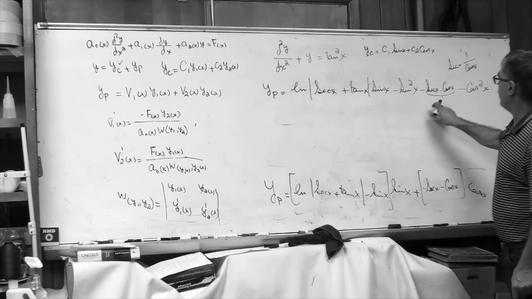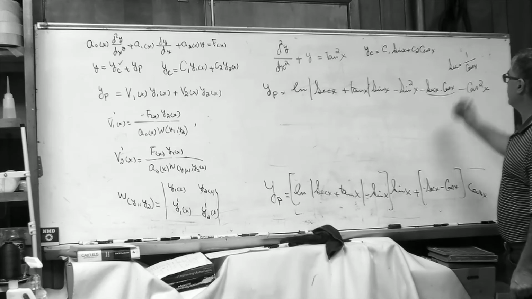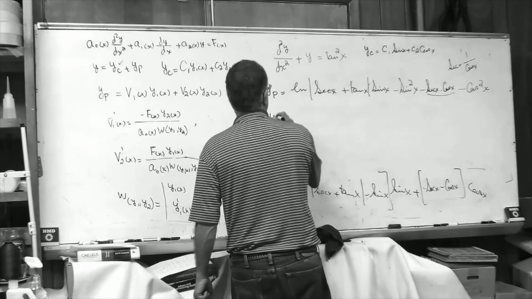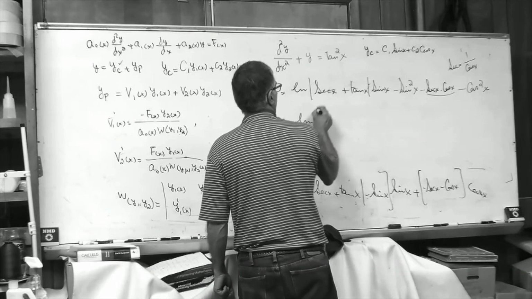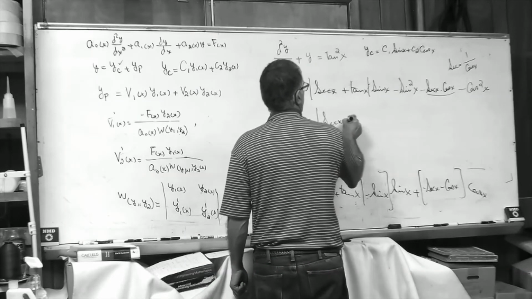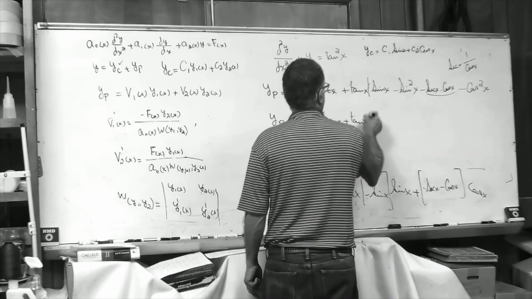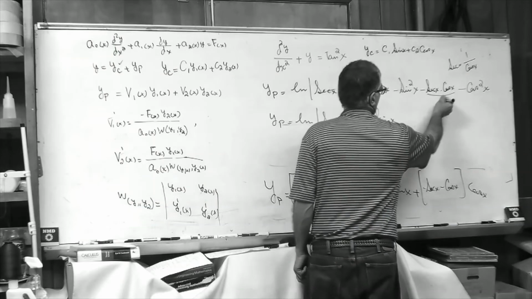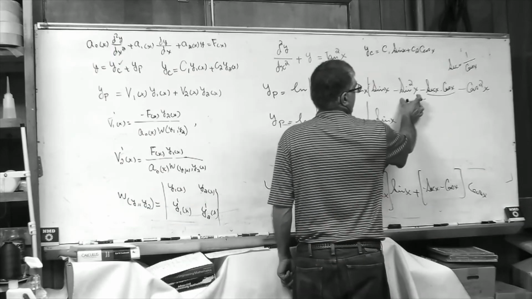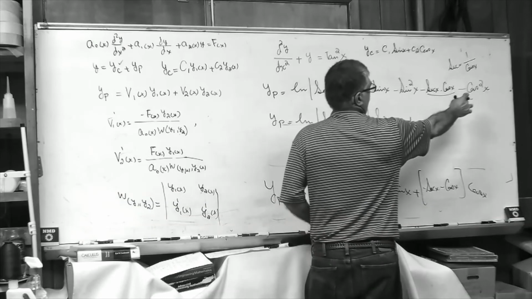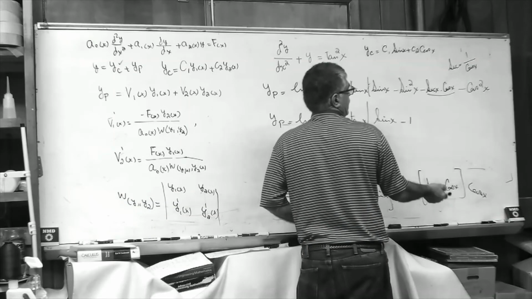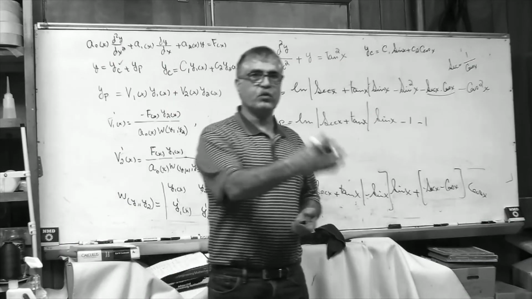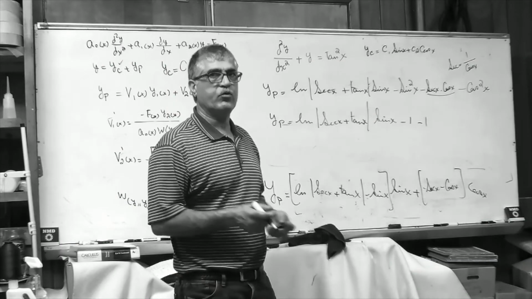So we are going to have yp equal to natural log of secant x plus tan x times sine of x, minus 1, and sine square of x minus cosine square of x will be minus 1, because sine square of x plus cosine square of x is equal to 1.